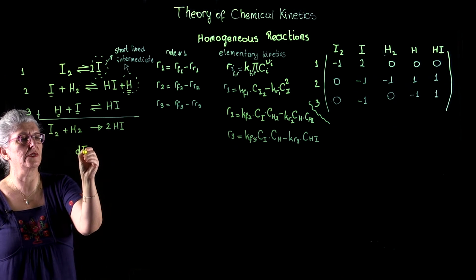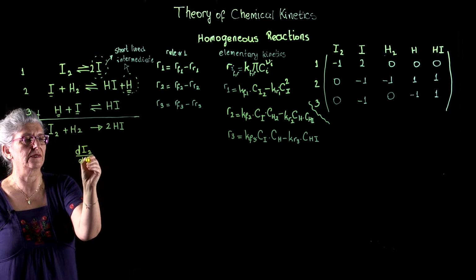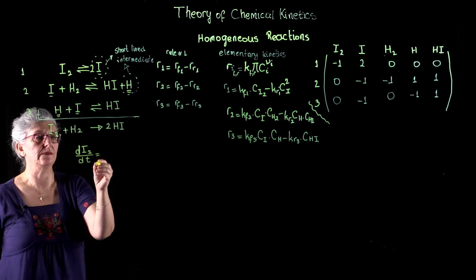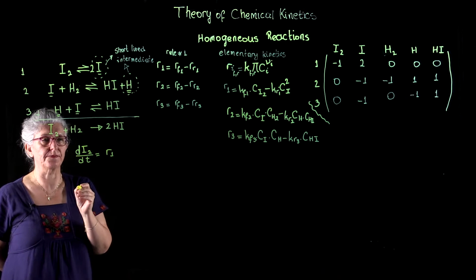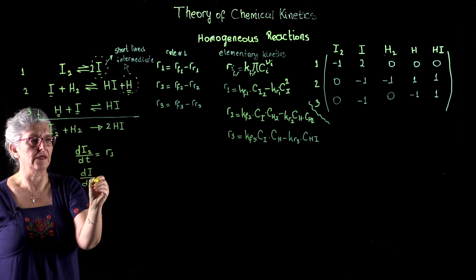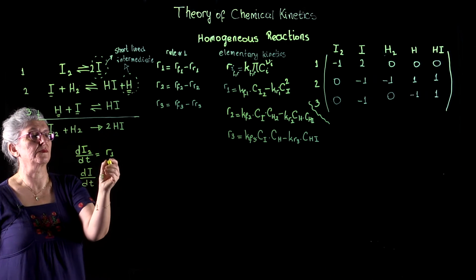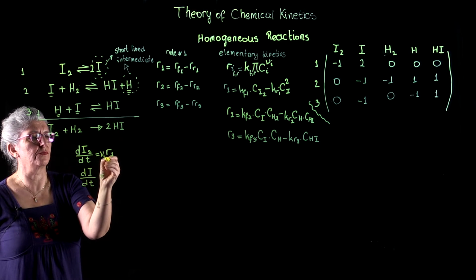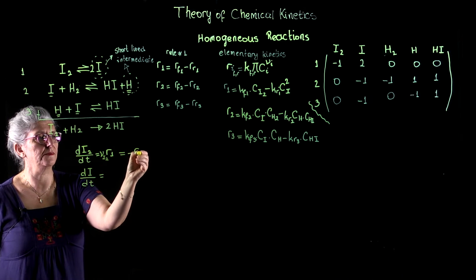Let us start from I2. dI2 over dt is equal to R1, rate of the first reaction. dI2 over dt is equal to nu I2 times R1, and hence this is equal to minus R1.